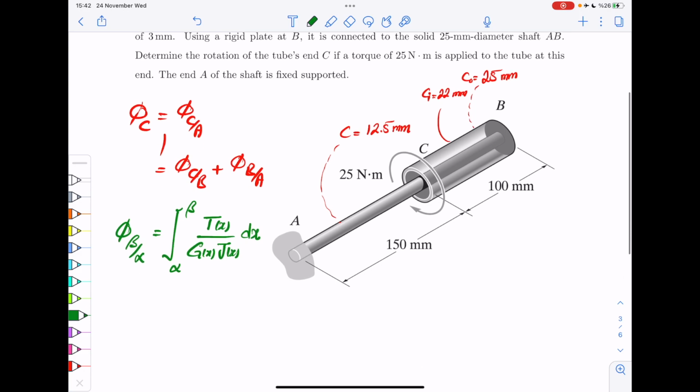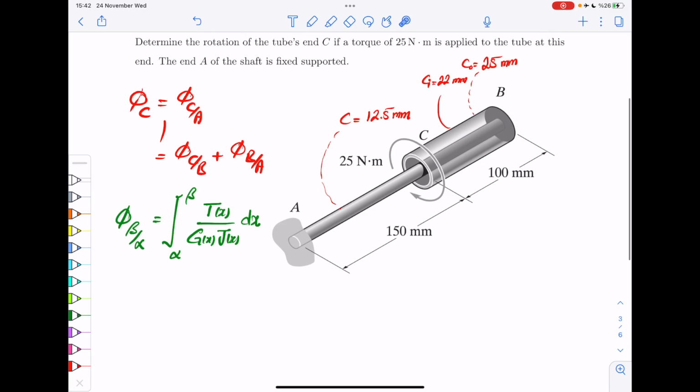This is the only thing you need to be careful about. If you think about going from alpha to beta, that means your dx should be such that it goes from alpha to beta, right? So the positive direction is chosen like that. All right.